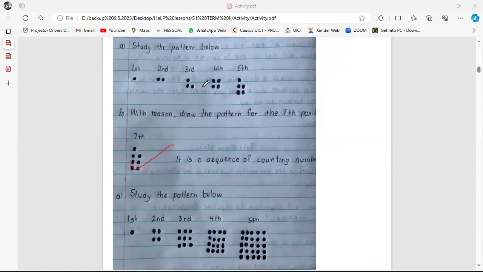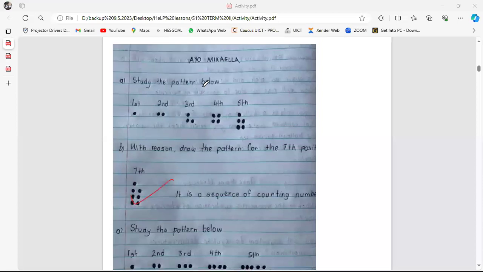So I drew 7 balls in the way that they were drawn in the sequence. Are you able to see it? When you see it, you tell me to stop. Yes, that's why you came up with the 7th one like that.